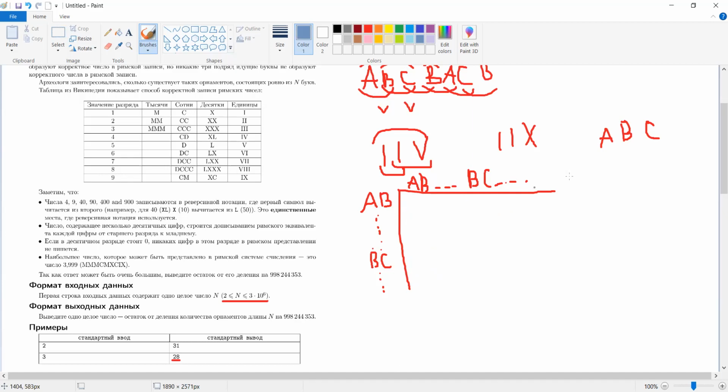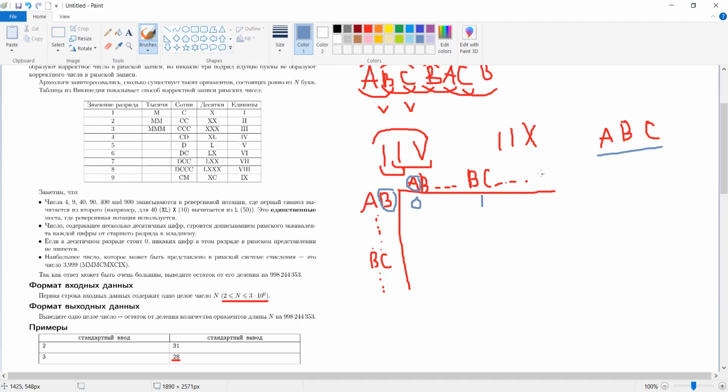So for ABC, ABC is in the list. Then we put here 1. And if it's impossible, like ABAB, as we said that this letter must be the same as this letter, as this is impossible, we write 0.